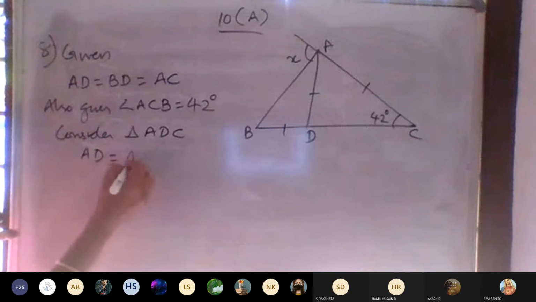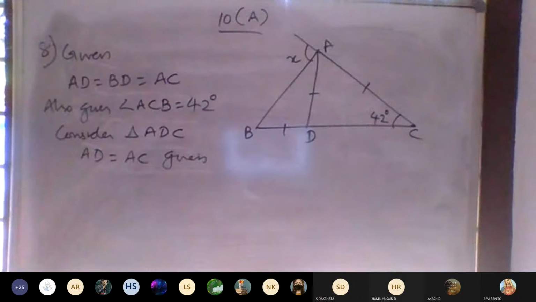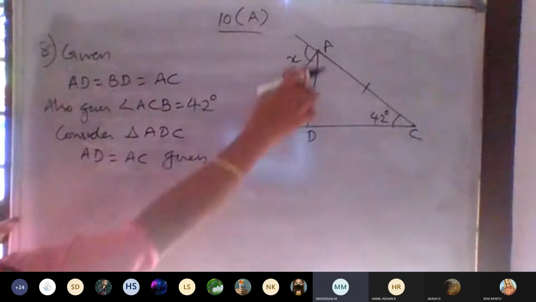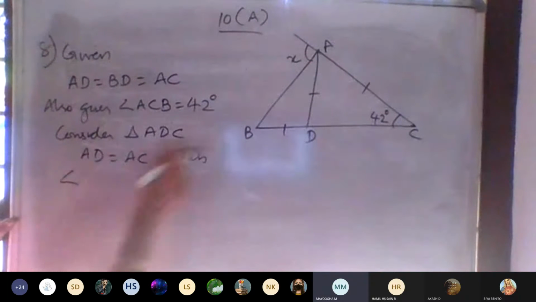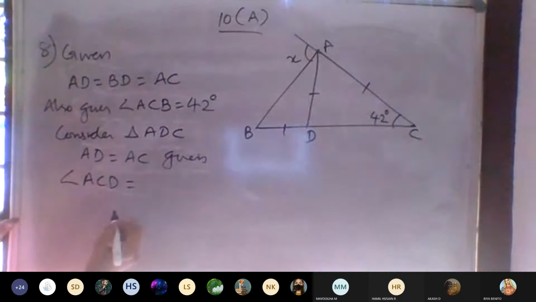AD is equal to AC, given, therefore the angles opposite them are equal: angle ACD is equal to angle ADC.